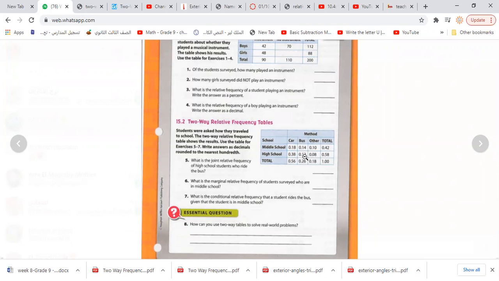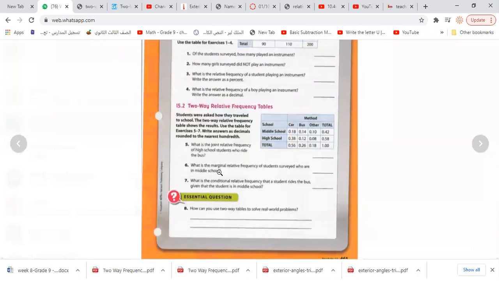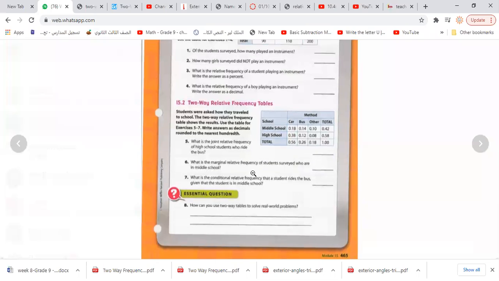0.42. Because he said here, what is the marginal relative frequency? Already, this table with decimal numbers represents relative frequency. And I think now all my dear students know the difference between joint relative frequency and marginal relative frequency.